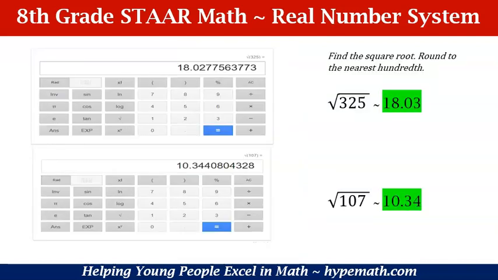Let's look at some estimations of finding the square root rounded to the nearest hundredth. When we enter the square root of 325, our answer, rounded to the nearest hundredth, is 18.03.